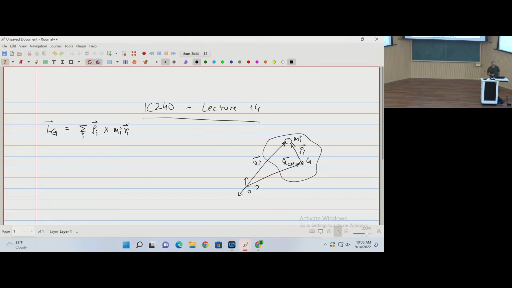You have to be careful that the linear momentum here is the actual linear momentum, that is m times the velocity of the particle.